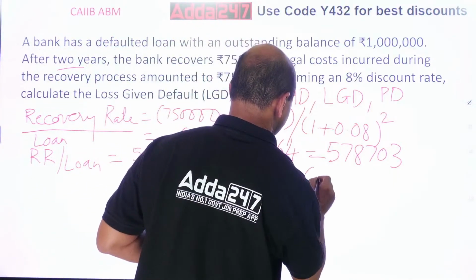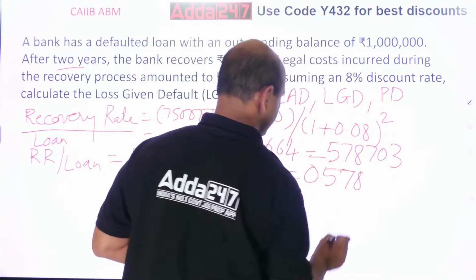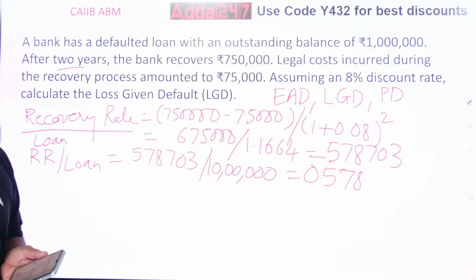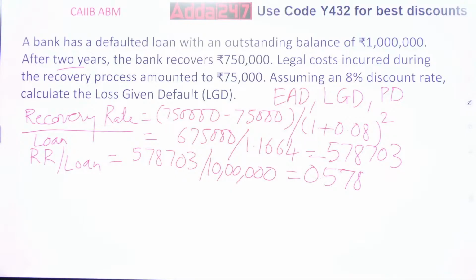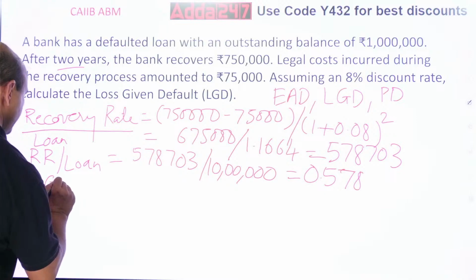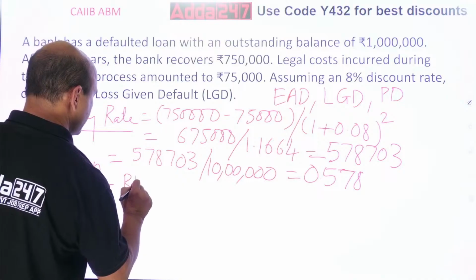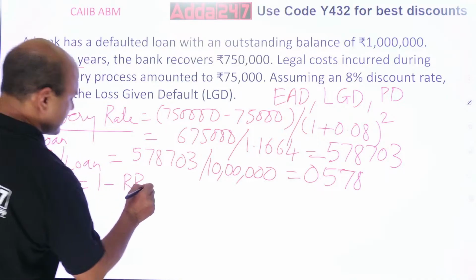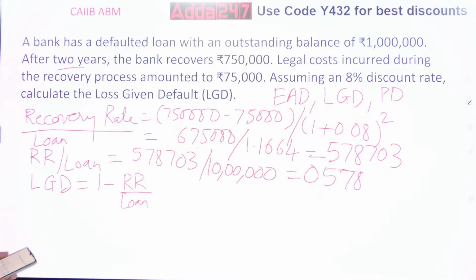So your recovery rate upon loan is 0.578. You can call this also recovery rate. So now what you want to do? You want LGD. What is LGD? Loss given default equals 1 minus recovery rate. You can directly write it as recovery rate, or you can write it as loan upon loan. Whatever figure you have got.